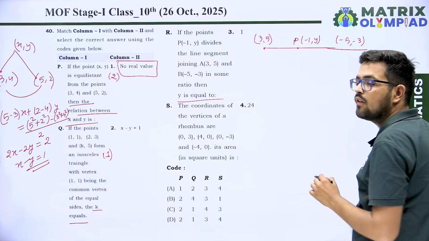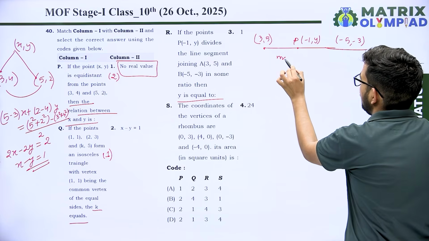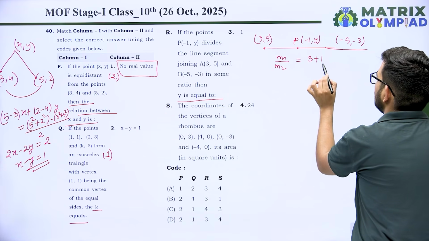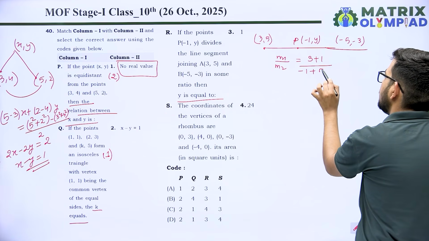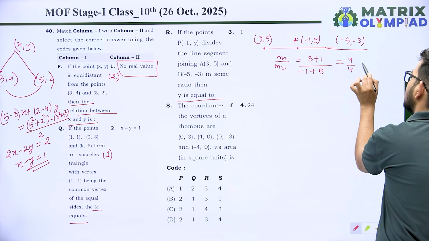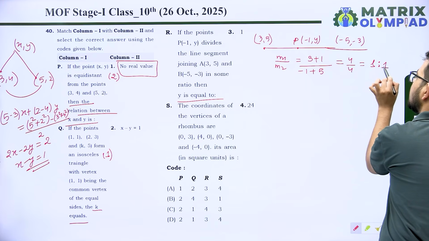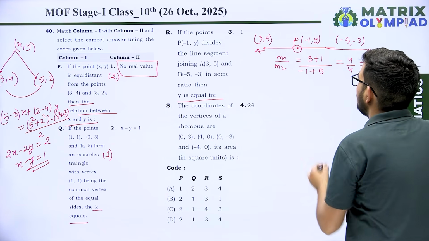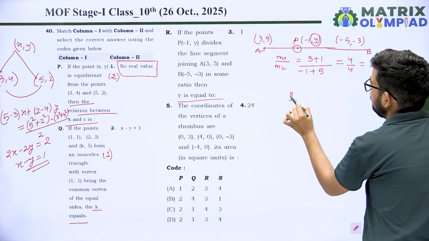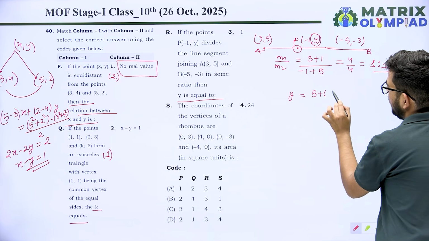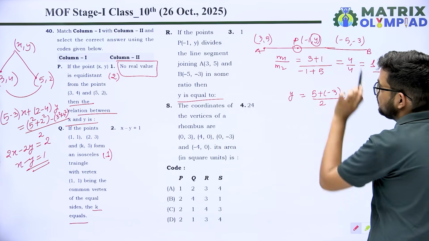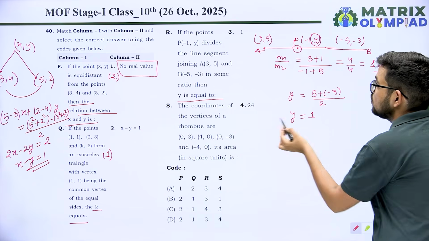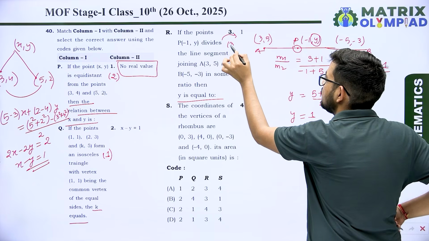First of all we will find the ratio, and the ratio m1/m2 = (3 + 1)/(−1 + 5), that is 4/4. It means the ratio 1:1. It means P is the midpoint of AB. Now for the value of y, y will be (5 + (−3))/2, because P is the midpoint of AB, so y will be 1. So R's correct option is the third one.